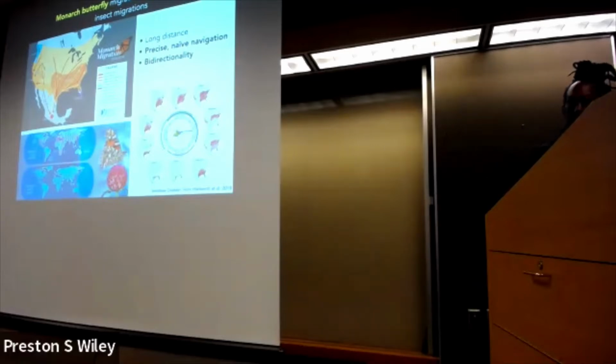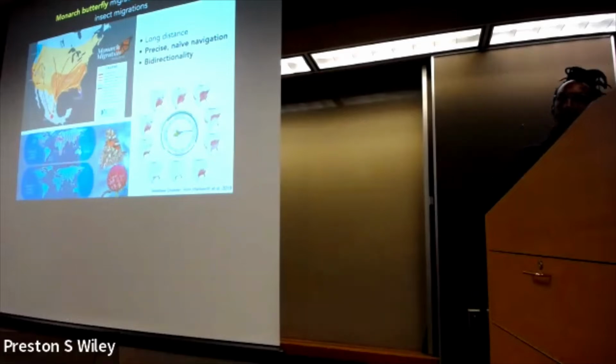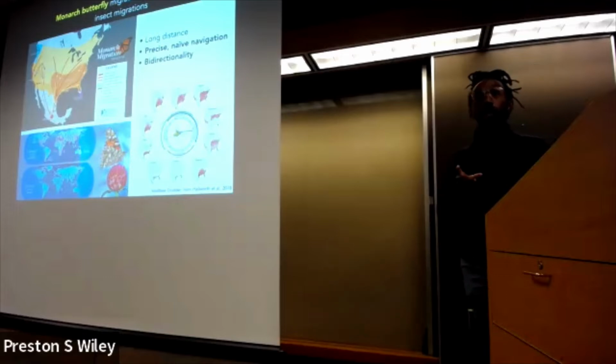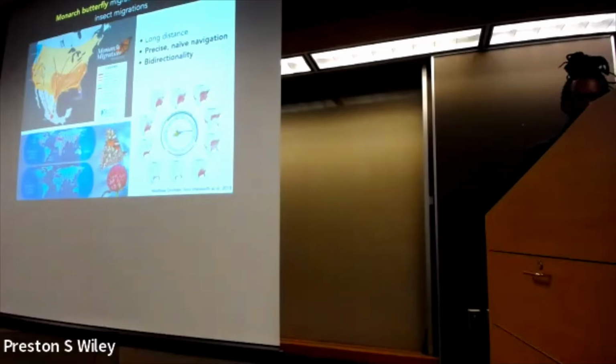So they'll move bidirectionally, and monarchs actually have to have very precise navigation because they end up in very specific places, which we'll talk about. So that must mean that they have specific navigational capabilities, and no individual makes that trip more than once. So that must mean that they do it naively, and it must be programmed in some way.